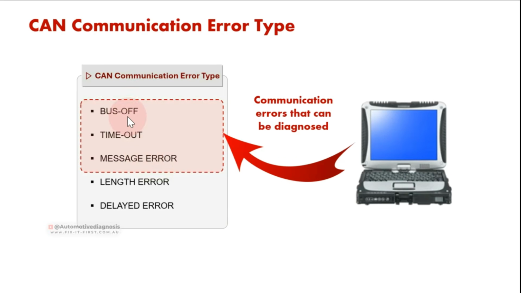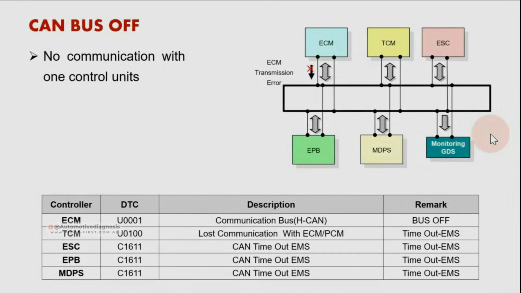Okay, let's start with CAN bus off. So what you see here is a simplified version of a CAN bus communication network. We are talking about the high-speed CAN bus, which is the most common network in cars. If you have watched the other videos about the CAN bus, you already know how CAN bus works and how we can proceed for the diagnostic. If you haven't, you can find the link for some of them in the video description.